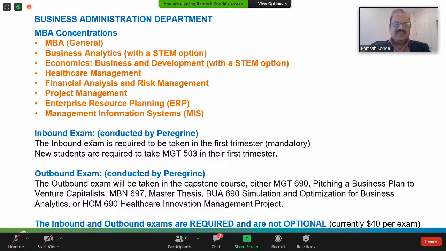So they need cross-functional knowledge, and also if they want some specific knowledge, for example, financial analysis, project management, or business analytics. Along with the general knowledge of business, they also learn specific knowledge in some of the concentration areas.